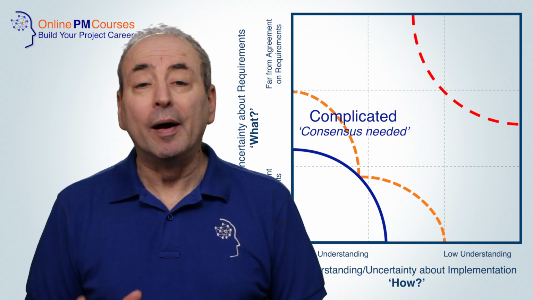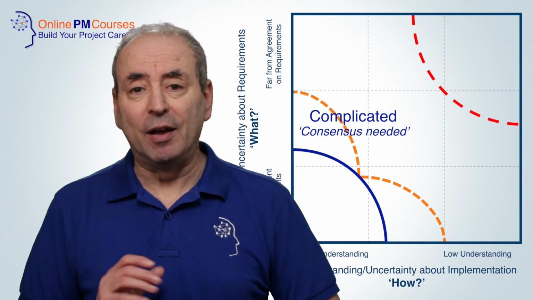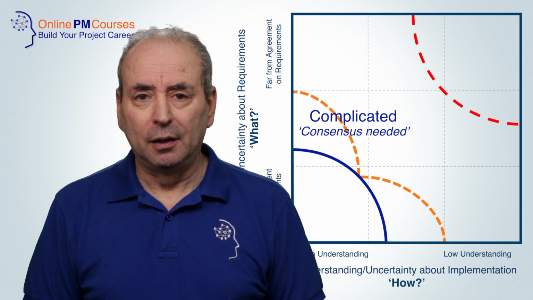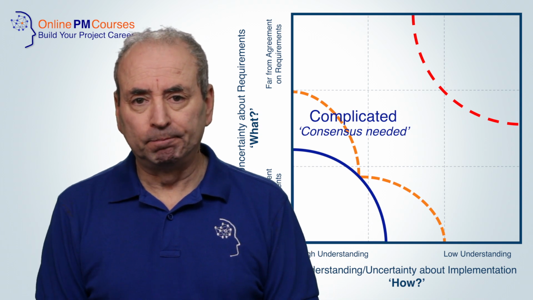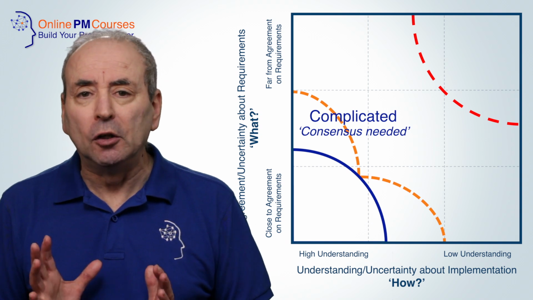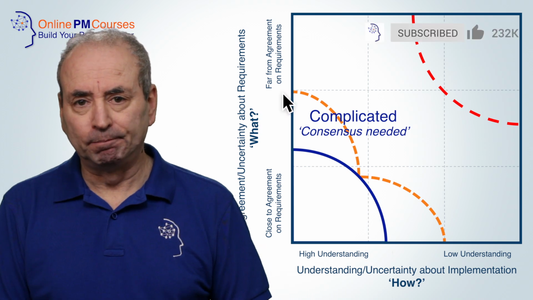Next, we have projects where it is hard to reach agreement on what we need to deliver. However, there is a good understanding of how we will deliver it once we reach that agreement. Here, the situation is made complicated by the internal politics and the varying priorities of our stakeholders.